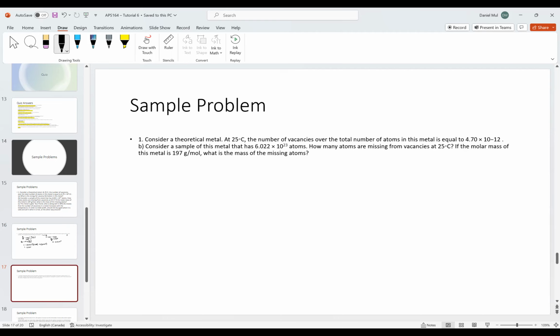Consider a sample of this metal that has 6.022 times 10 to the 23 atoms. How many atoms are missing from the vacancies at 25 degrees Celsius? If the molar mass of this metal is 197 grams per mole, what is the mass of the missing atoms?